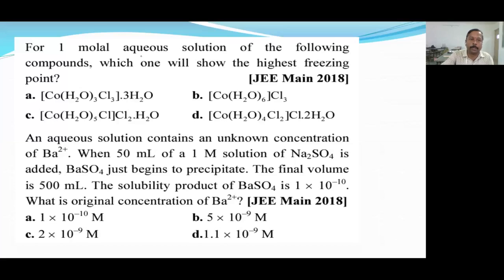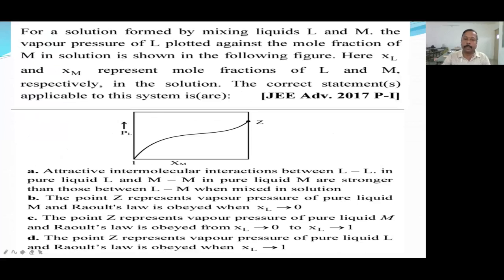Okay, next question, speed up. 1 molar aqueous solution of the following compounds, which one will show the highest freezing point? Molality is the same. This is related to coordination compounds also. Okay, so highest freezing point, that means delta TF must be lowest.